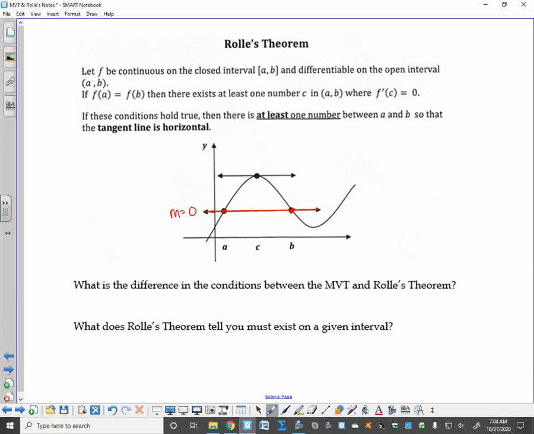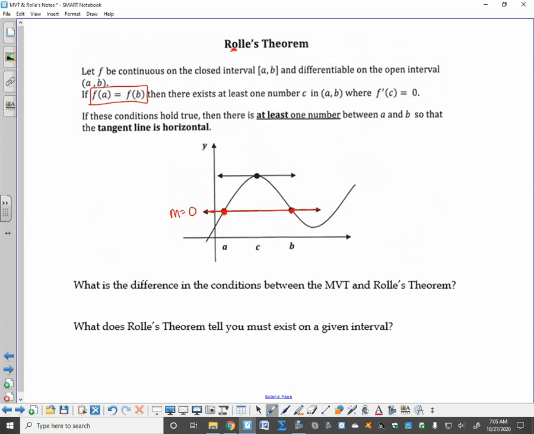So Rolle says, all right, I got you MVT, but I'm going to be picky. I don't want any secant line. I want the secant line that's horizontal, and that's the only secant line I want. Here's how I remember it: Rolle's has an O in it, and they want the slope to be 0. Your y values of your two points have to be equal.